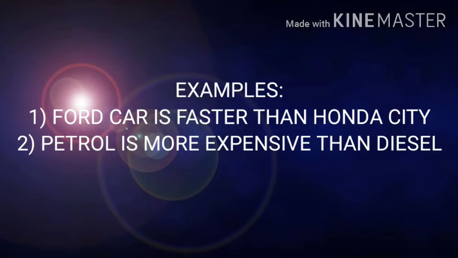More will come for comparative and most will come for superlative. So, petrol is more expensive than diesel, which means petrol is costlier than diesel. Whenever you are using a comparative sentence, we have to use the word than. Than will denote that it is a comparative sentence.